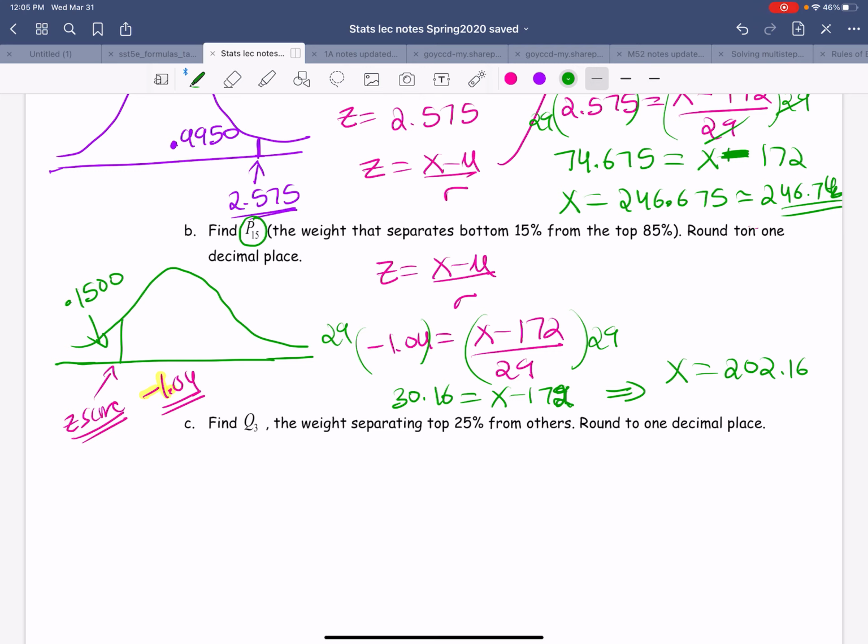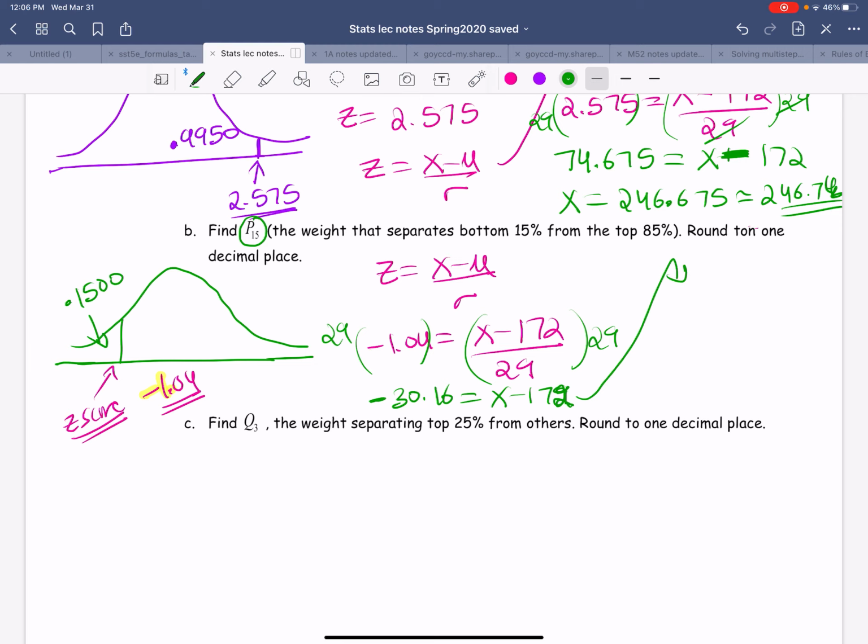Something does not look right here. Let me double check. So 29 times negative, that doesn't look right. Let me recheck my work. So 29 times negative 1.04. So 1.04 times 29 is 30.16 negative. Okay, awesome.